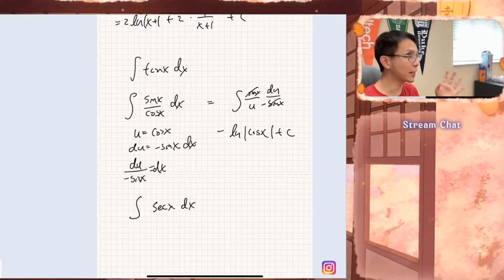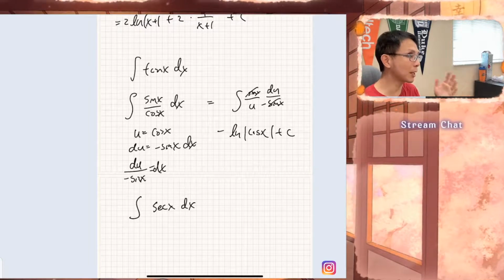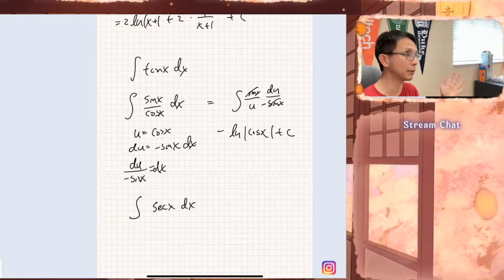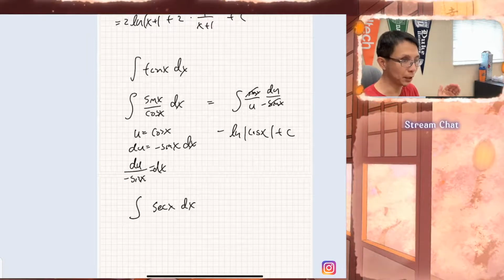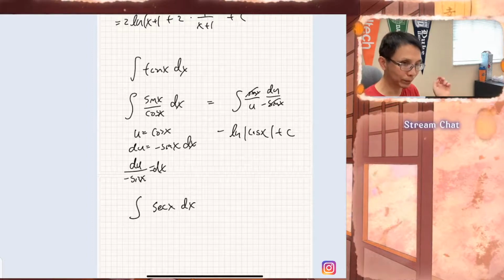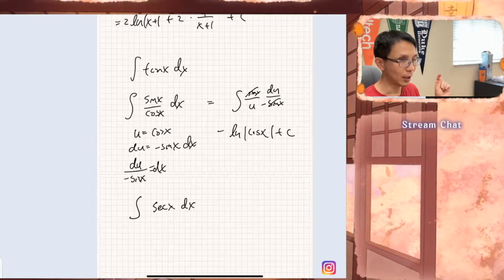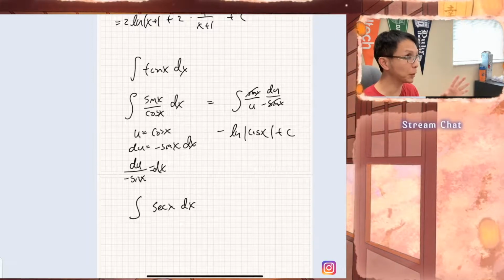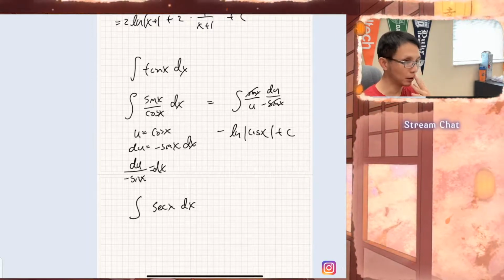You cannot make up this. You have to really have imaginary creativity to do integration of secant of x. And I'm going to show you how they did it. It's pretty cool. It's truly amazing what they come up with.